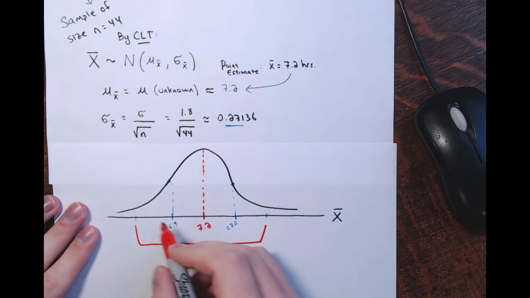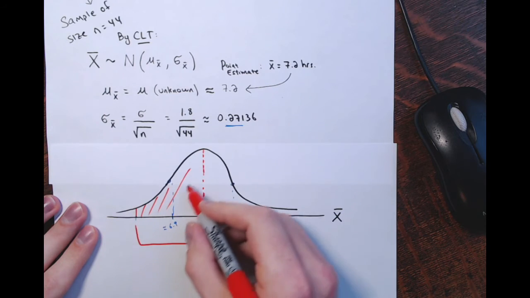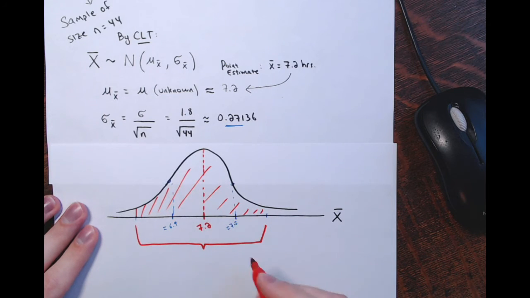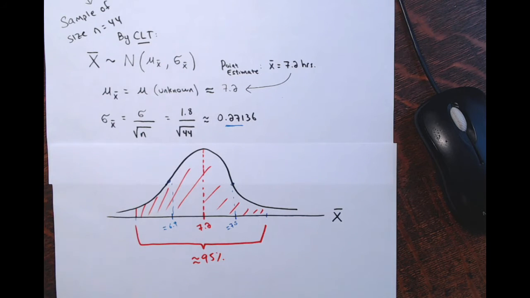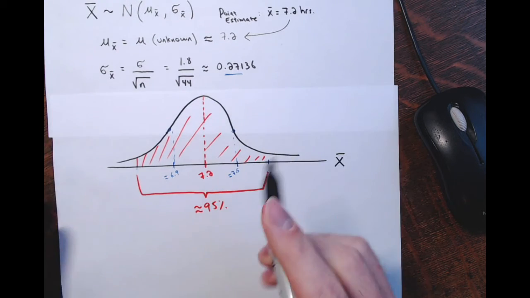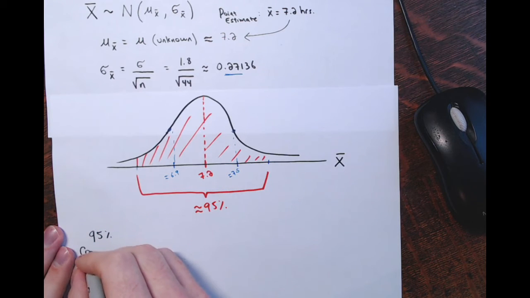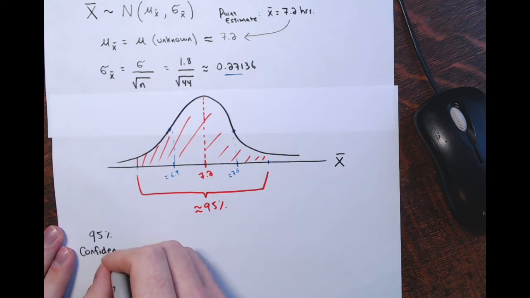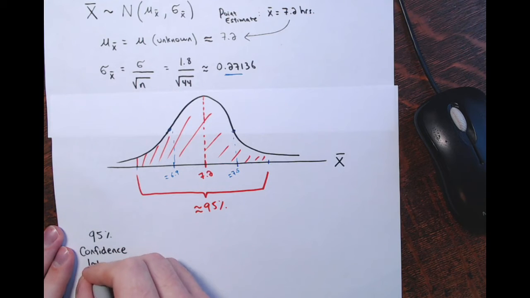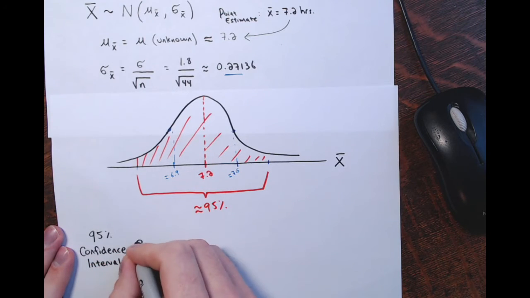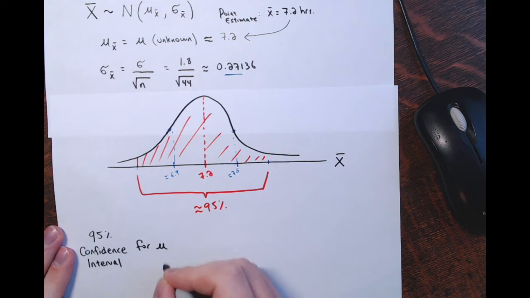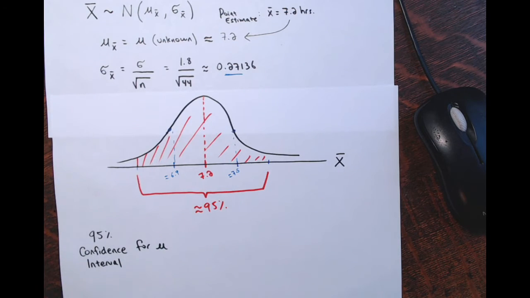Within 2 standard deviations of the mean, you had approximately 95% of the area. So if I'm creating a 95% confidence interval for mu, we're trying to guess, with a reasonable amount of confidence, right?